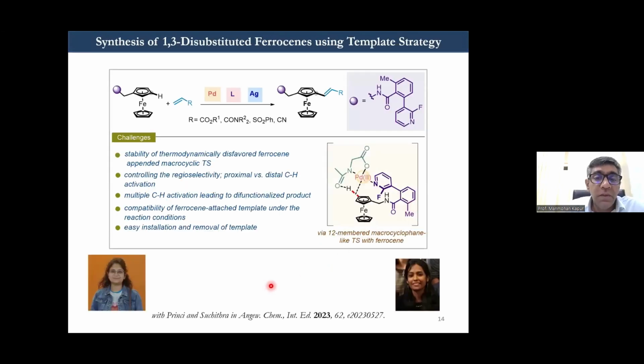We used some of these approaches very recently in the functionalization of ferrocene molecules, where we achieved the 1,3 functionalization of substituted ferrocenes using a template approach, in which we used this particular template and we were able to remove the template at the end of the transformation.